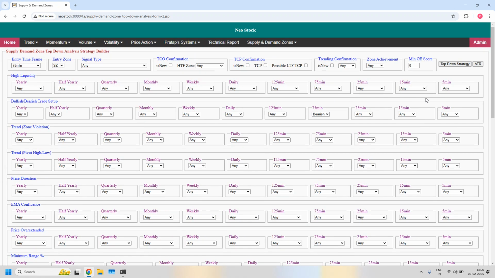Why 75 minute supply zone? Because here we selected that 75 minute supply zone. Whatever you select, for that the filters will be applied. And the zone achievement should be violated opposing zone. Minimum odd enhancer score should be 12. And all the 3 filters are applied to 75 minute supply zone.